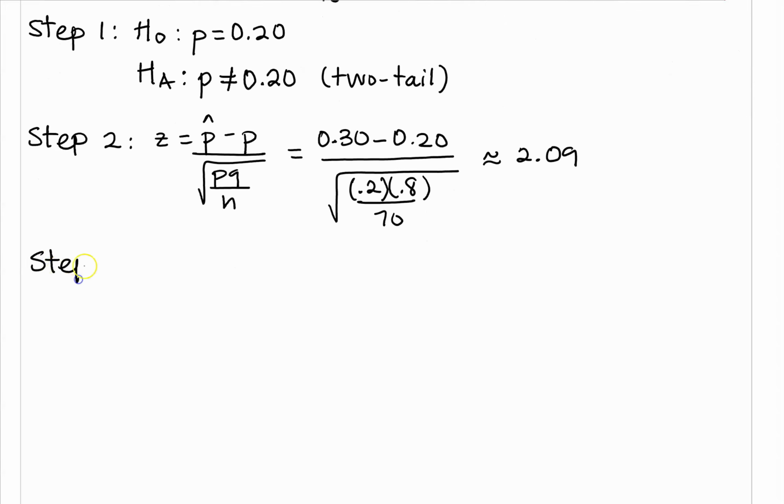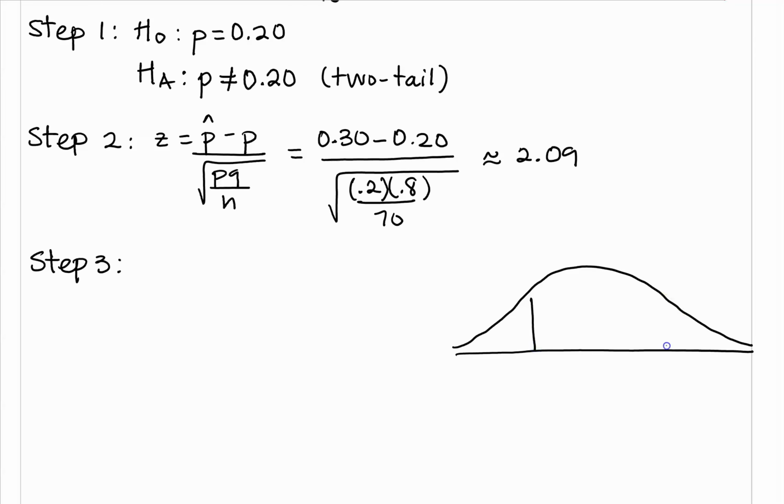Now we are moving on to step 3, where we will determine our critical values. We have 2 critical values here, since this is a two-tailed test, and we will draw our rejection region. We are testing John's claim with a 5% significance level, and so our alpha is equal to 0.05. That is the total area between the two tails.